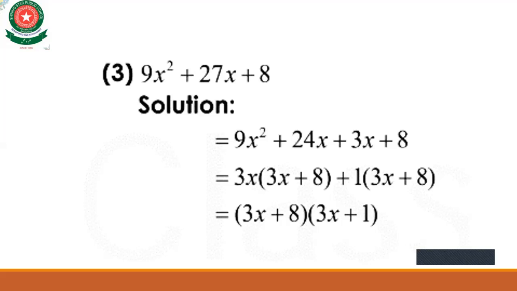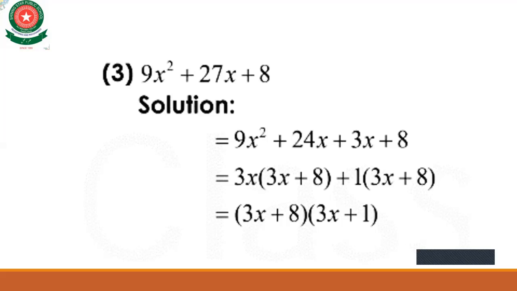The solution of this equation will be 9x square plus 24x plus 3x plus 8. By taking common, as you can see that 3x is common, remaining will be 3 3s are 9, 3x, and 3 8s are 24, 3x plus 8.